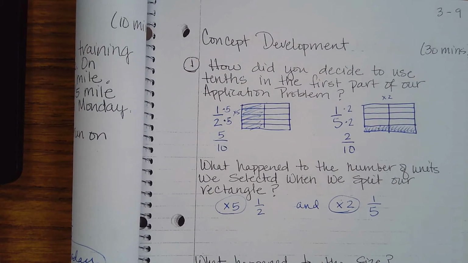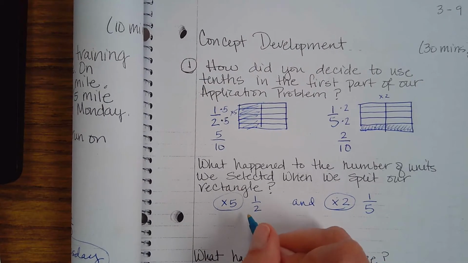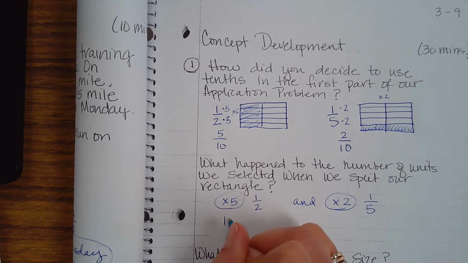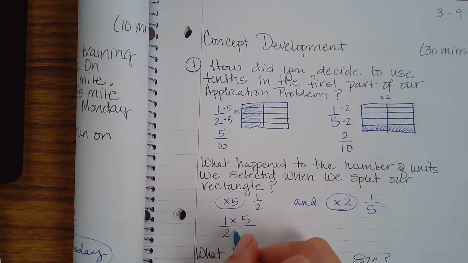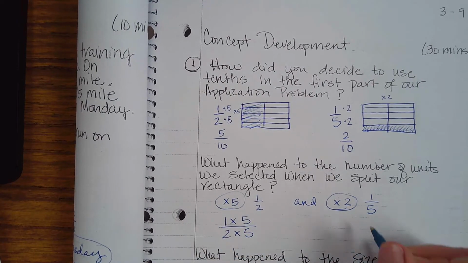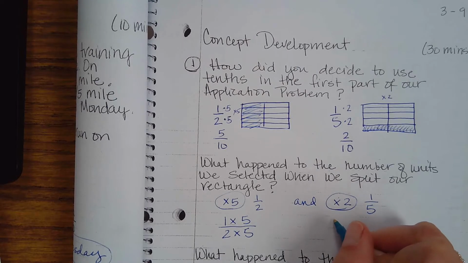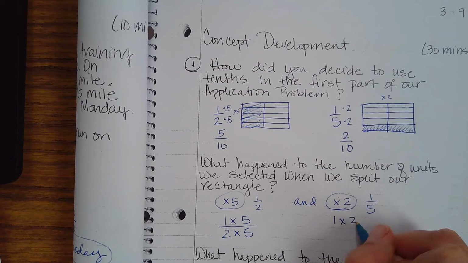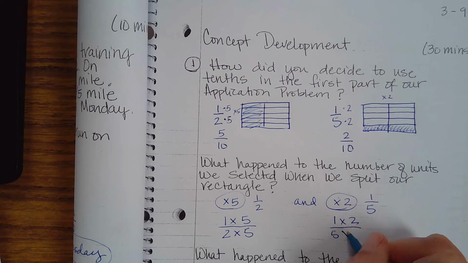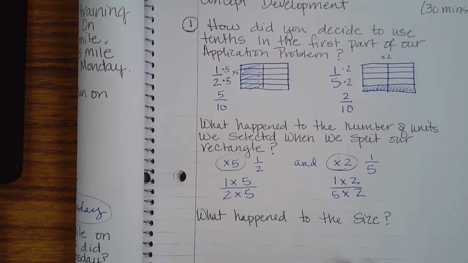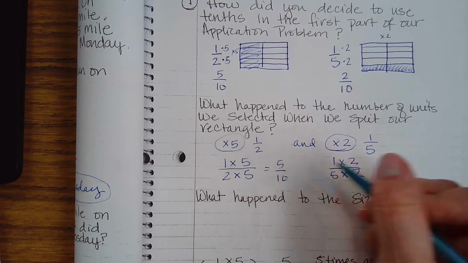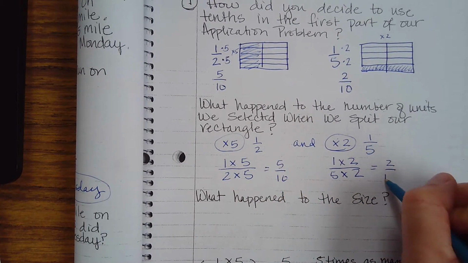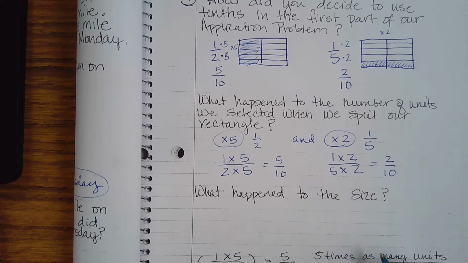So what we ended up doing is 1 times 5 over 2 times 5, right? And then we did 1 times 2 over 5 times 2. Is that correct? And we got 5/10, 2/10.